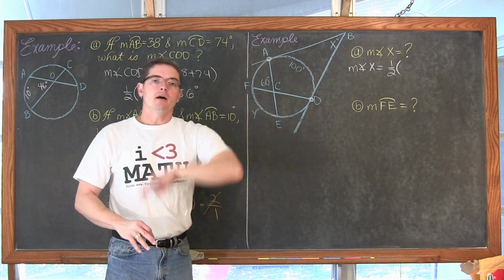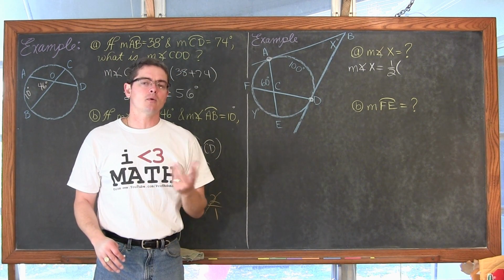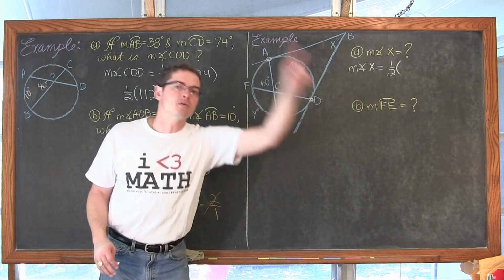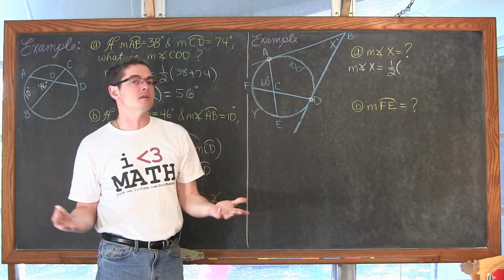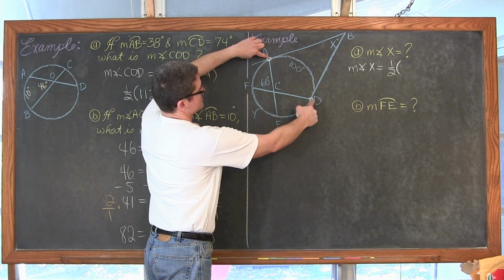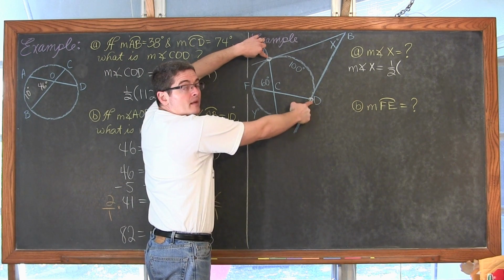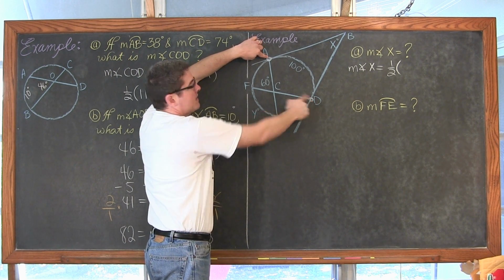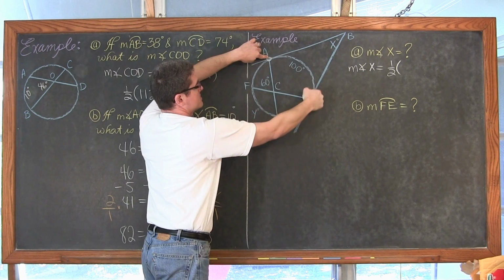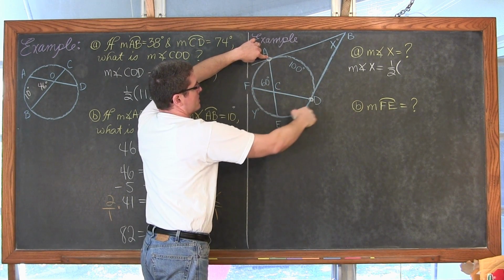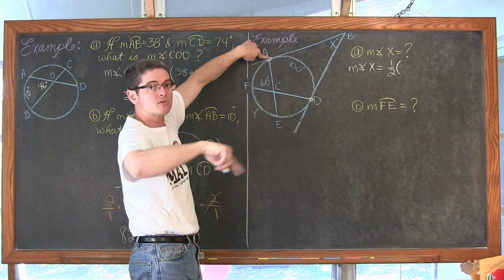Well, that's simple. A full rotation of a circle is 360 degrees. And these 2 tangency points, if I'm only concerned about these 2 points around the circle, then I've only got 2 arcs. I've got one arc that's 100 degrees, and I have another arc. I mean, it's broken up into 3 parts, but I want to measure the whole thing.